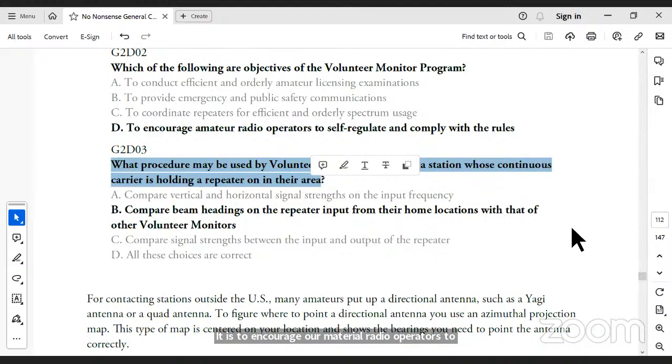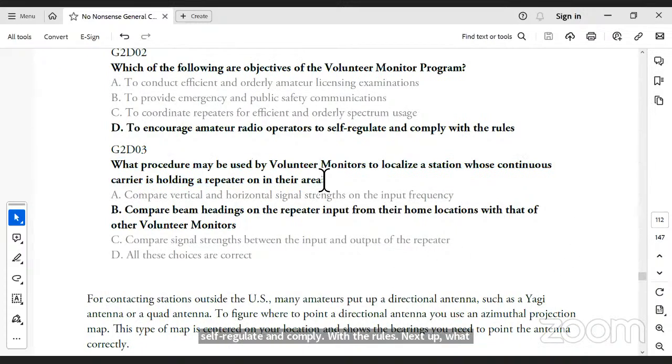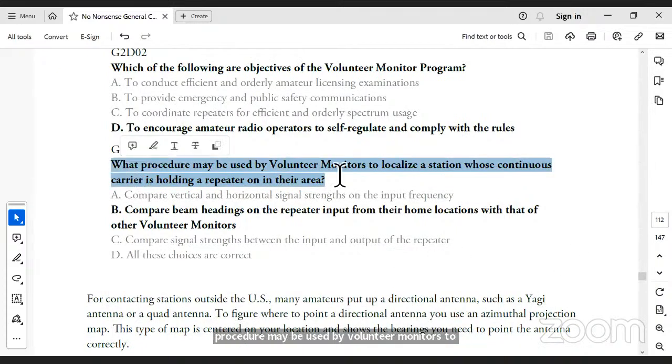Next up, what procedure may be used by volunteer monitors to localize a station whose continuous carrier is holding a repeater on in their area? Let's dissect this question. So we're talking about what procedure, in other words, what steps can be used by whom? Volunteer monitors. To do what? To locate a station who is keying down a repeater. Right?